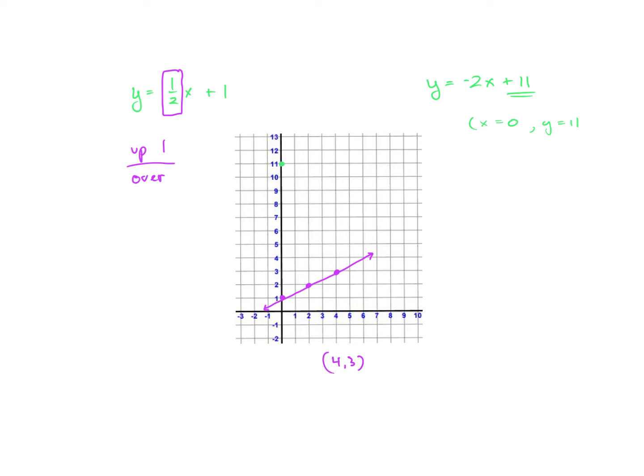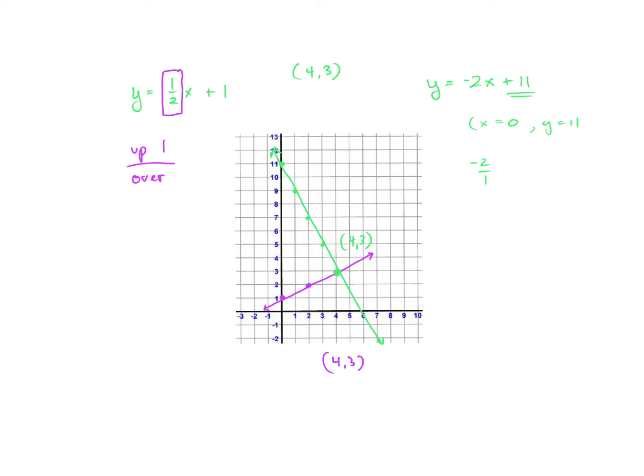Then we're looking at our slope, -2 over 1, down 2 over 1, down 2 over 1. And we have this relationship again, this 4, 3, this intersection of two lines, where a coordinate can satisfy two equations in a system at the same time.